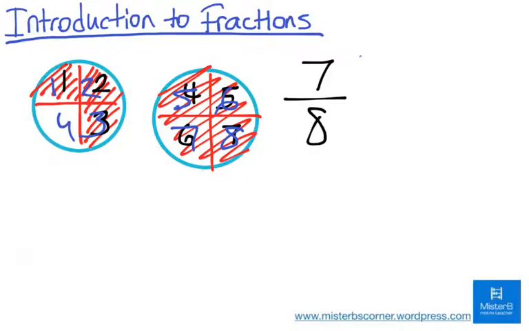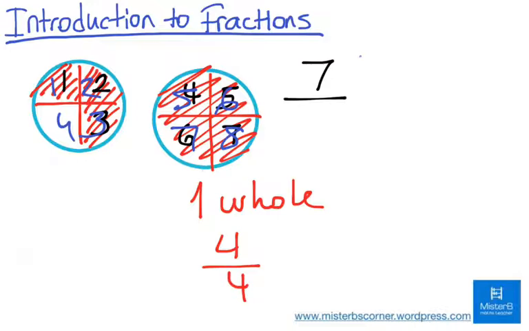Or, well, it is not going to be 7/8 actually. It is going to be 7/4, because I have to consider this one as one whole, which is 4/4, because actually there are 4 parts. So there are 4 parts in here too, so it is 3/4 here, and there is one whole which is 4/4. Together there are 7 pieces of 4 pieces each, so it's gonna be 7/4 actually, right?